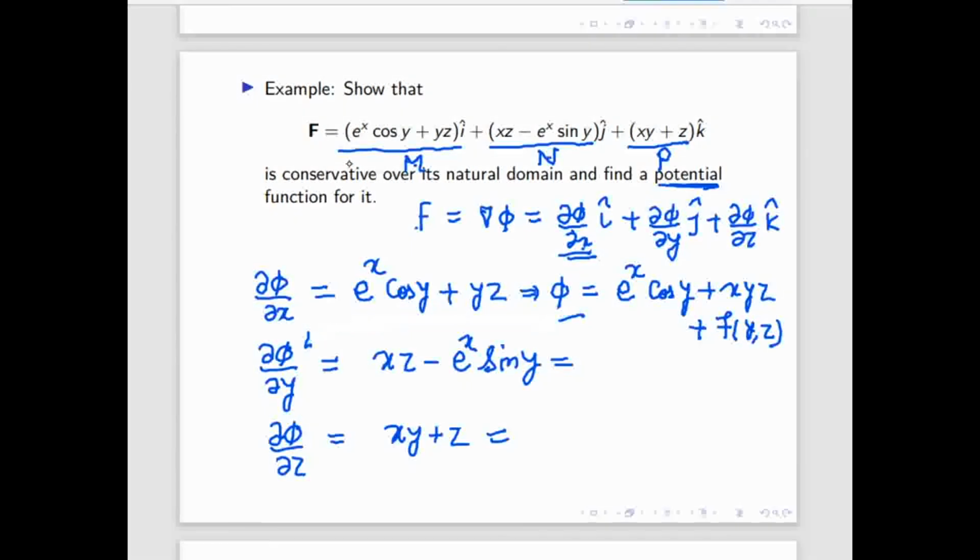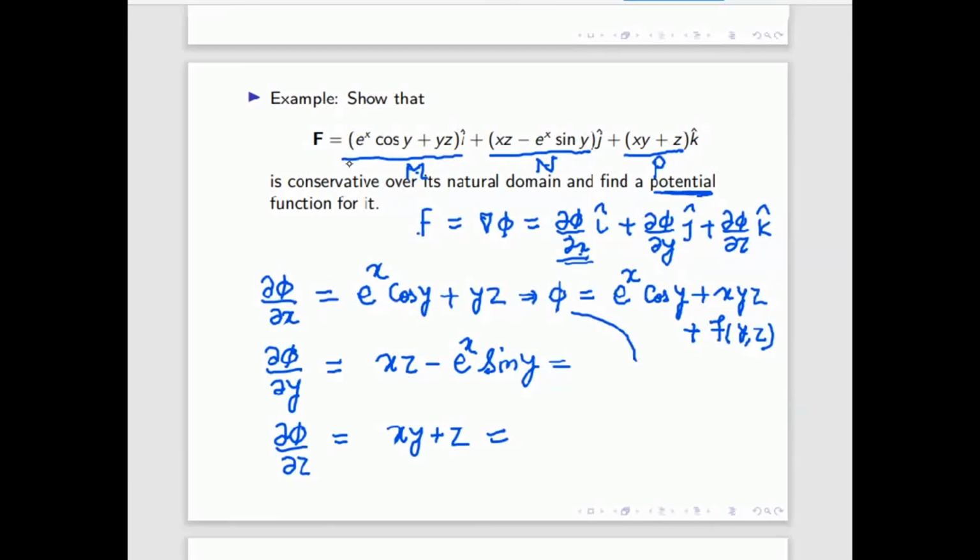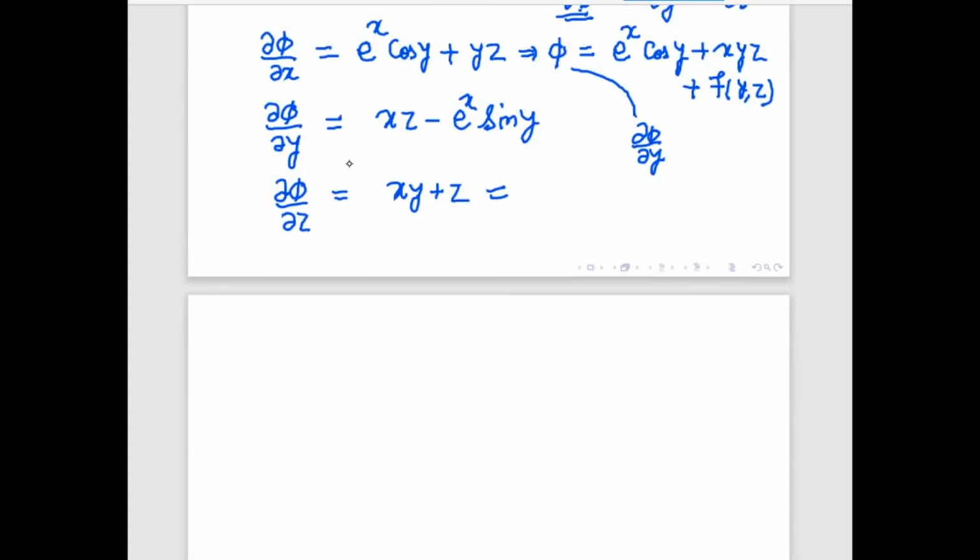So what is the del phi by del y of this? And we will compare this del phi by del y with this second equation. So tell me, what is the del phi by del y? You have to differentiate this phi with respect to y.